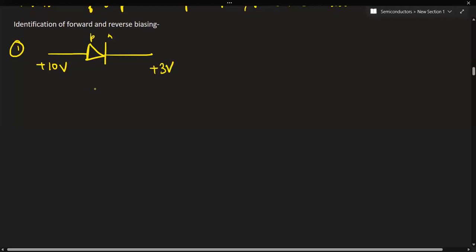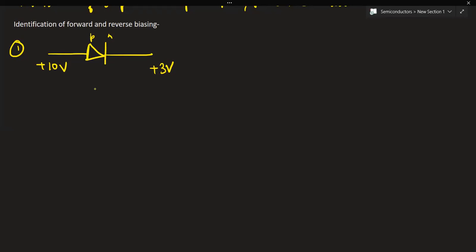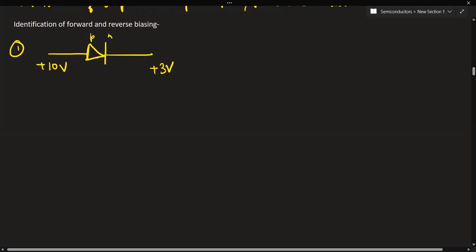Now see, how will you identify whether it is forward or reverse bias? By looking at these kinds of diagrams, because you are not able to identify which is the negative or positive terminal. So what you can do: when the P type is connected to the terminal which has higher voltage, then we say this is forward bias.